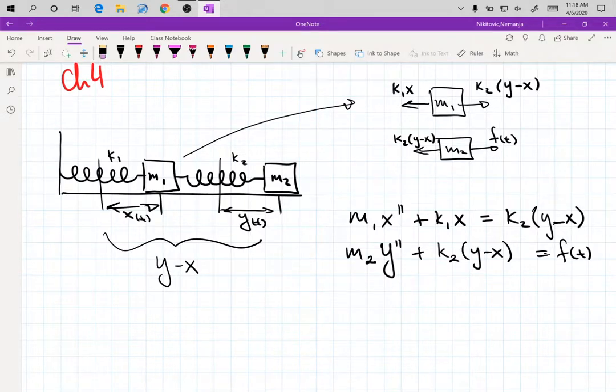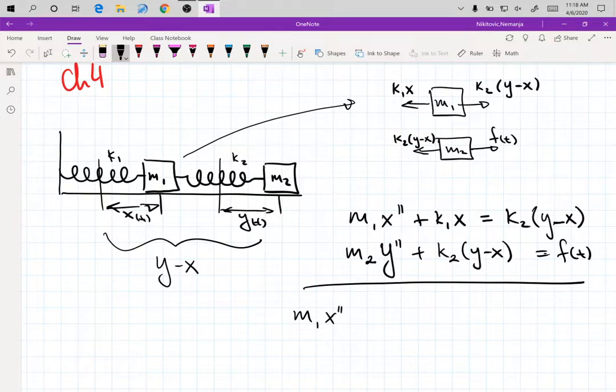So what we like to do in this case, when we have a system of equations, is we like to write our derivatives on one side and all of the functions on the other.